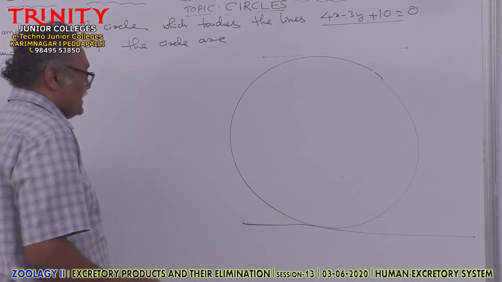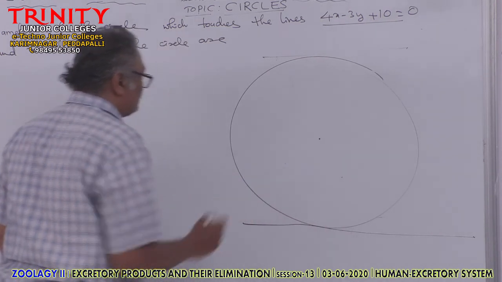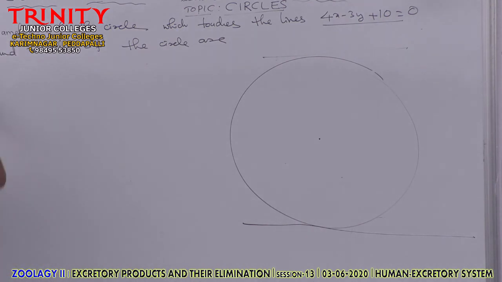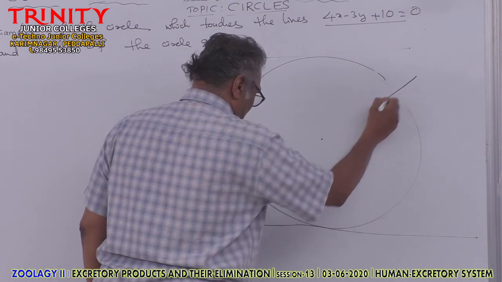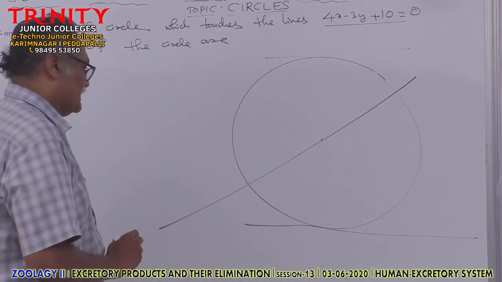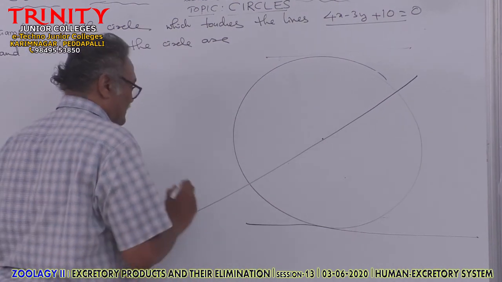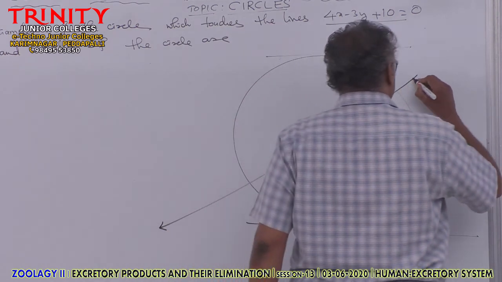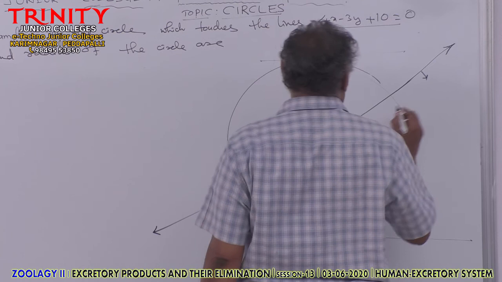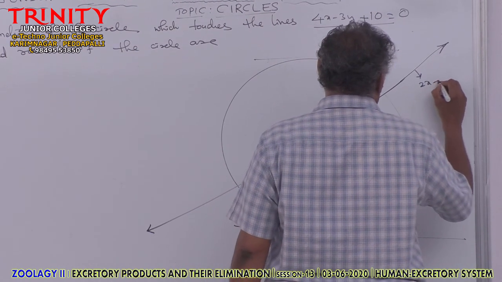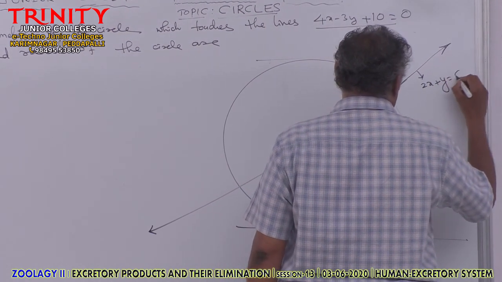Next, another line is given. It is the equation of the diameter, which means it passes through the center of the circle. Its equation is 2x + y = 0.